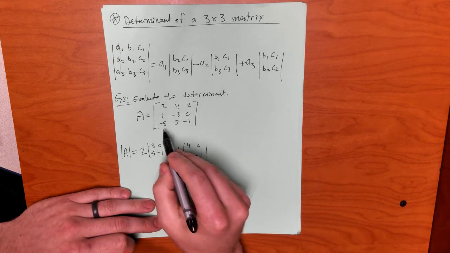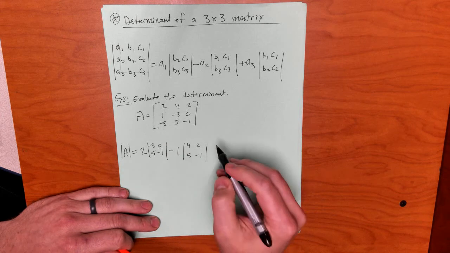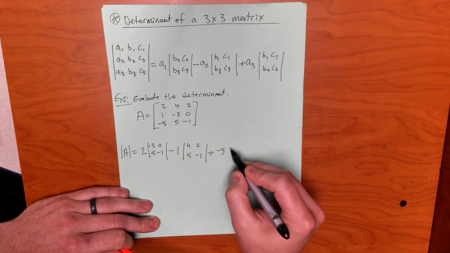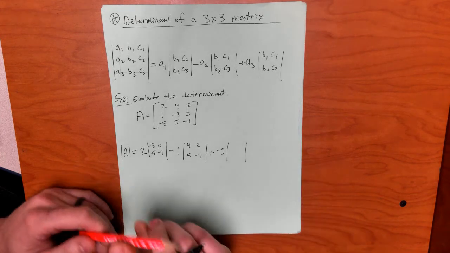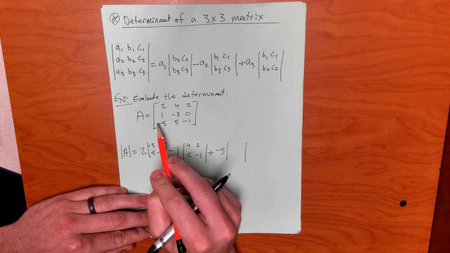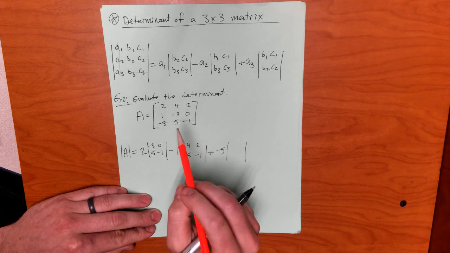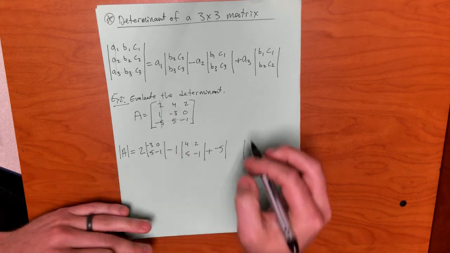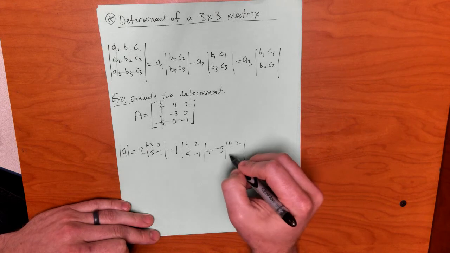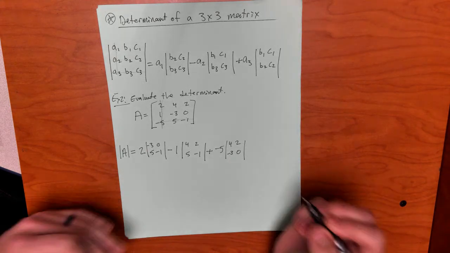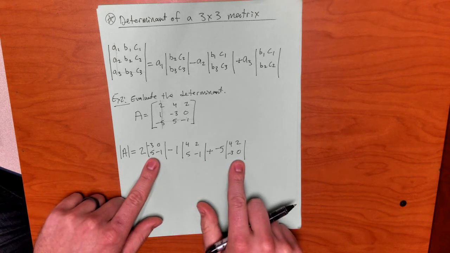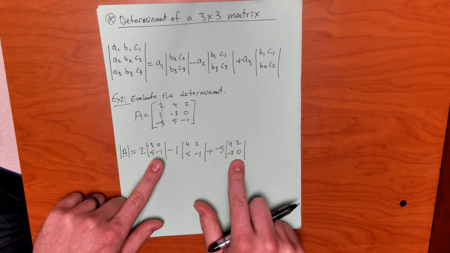And then now we move on to the next entry, which is this negative 5. Remember, this is a plus, and our entry is negative 5, and whatever's left over here. So this negative 5, you mark out the row that it's in and the column that it's in. So we're left with this determinant here. And now what we have is 3 determinants, which we just saw in a 2 by 2.